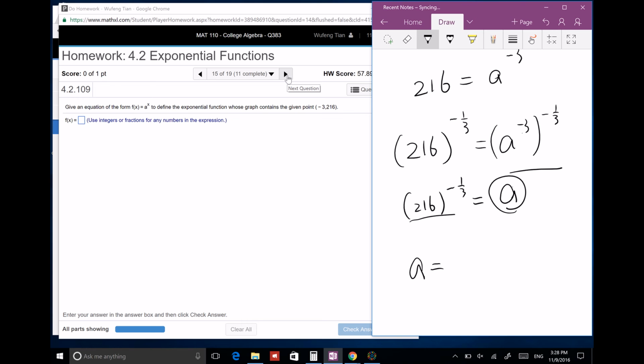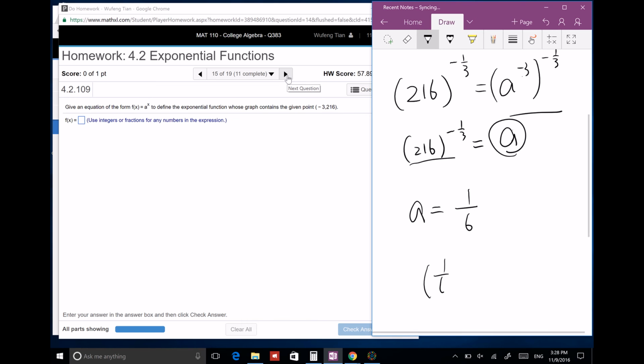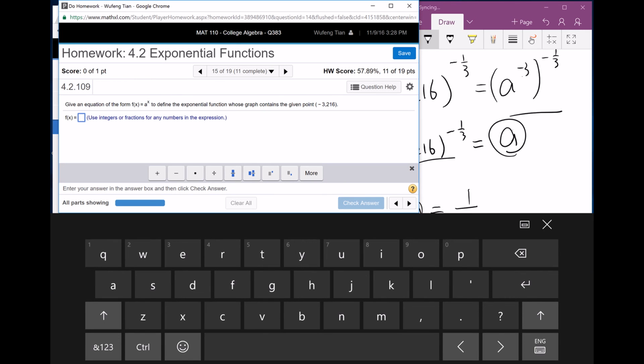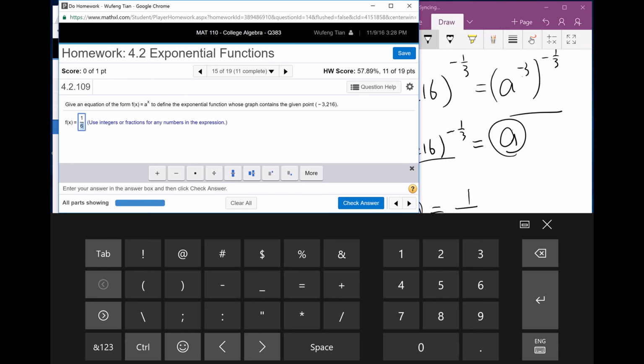No, it's 1 over 6. So your function is going to be 1 over 6 raised to the power x.